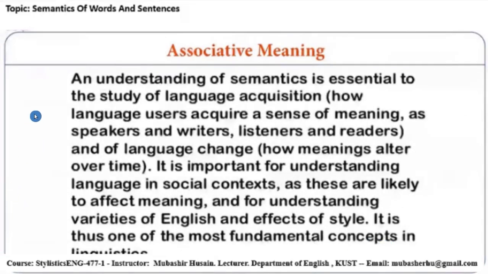An understanding of semantics is essential to the study of language acquisition, how language users acquire a sense of meaning as speakers and writers, listeners and readers, and of language change, how meanings alter over time. It is important for understanding language in social context, as these are likely to affect meaning, and for understanding varieties of English and effects of style.